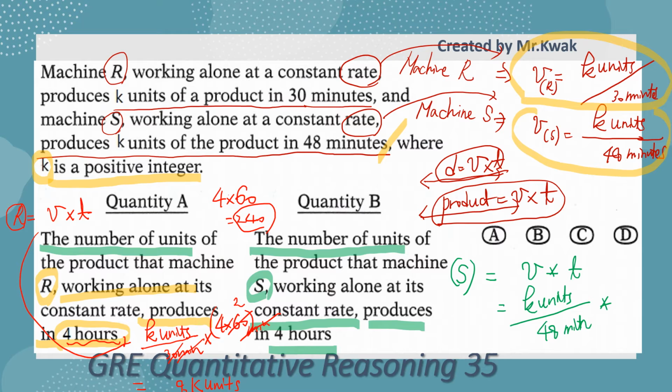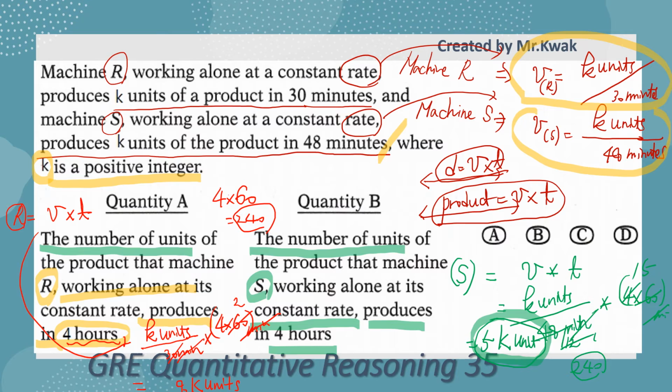Time is 4 hours, and 4 hours equals 240 minutes. Minutes cancel, and then 12, and then 5. So it is 5K units. So quantity B is 5K units.